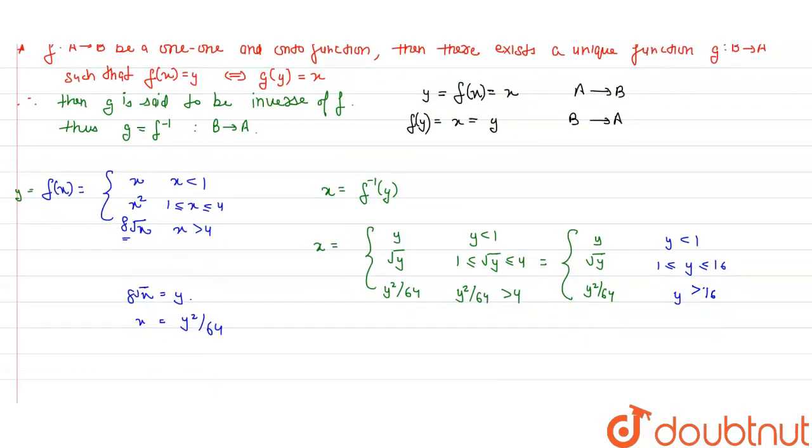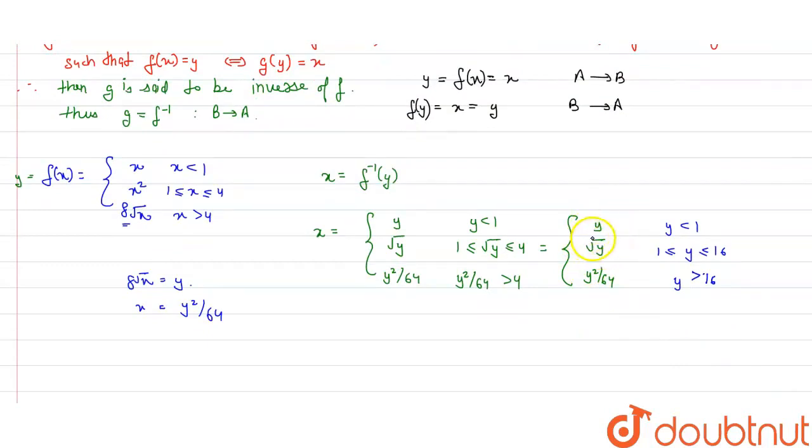Now I take this y and change it into x, so this is f inverse of x, which is x, root x, and x square by 64, where x is less than 1, between 1 and 16, and greater than 16.